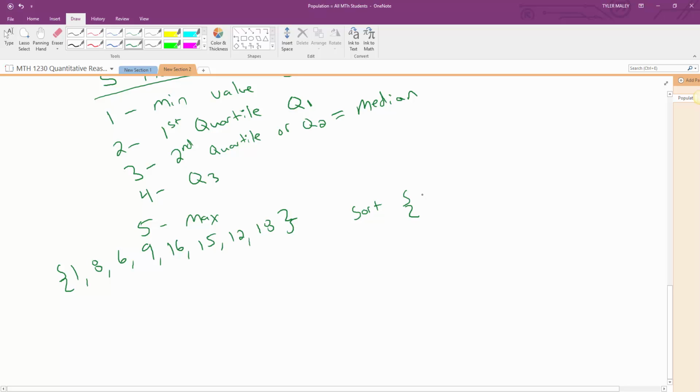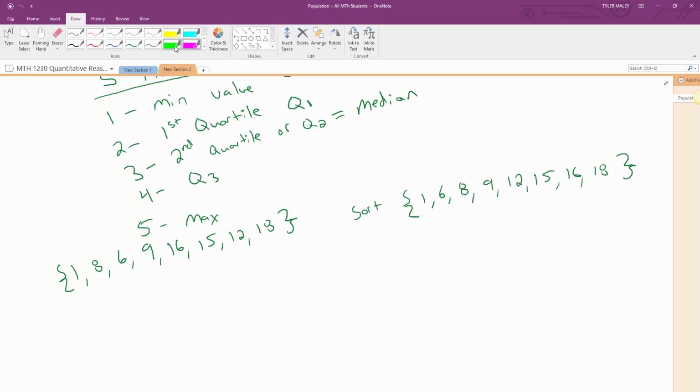So we'd have 1, 6, 8, 9, 12, 15, 16, 18. And then you want to find the median. The median is going to be some number that splits my bottom half from my top half.